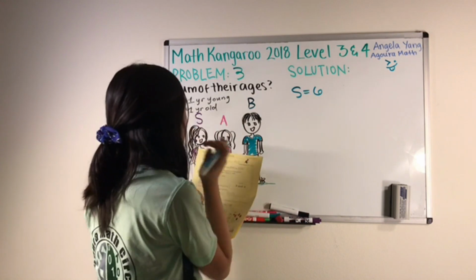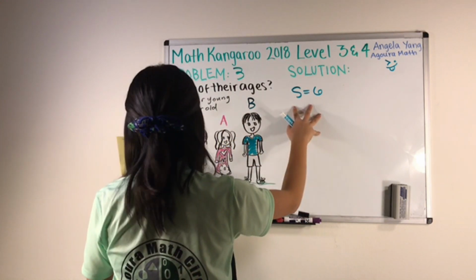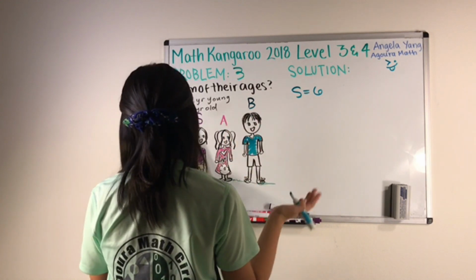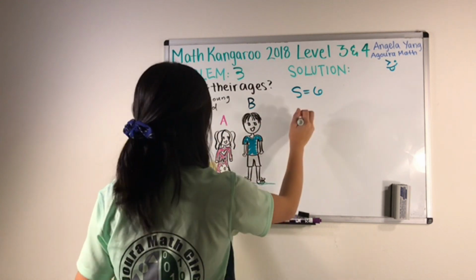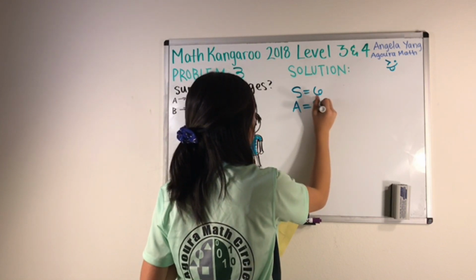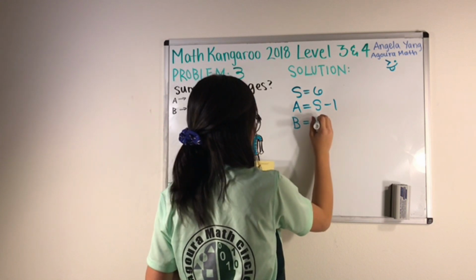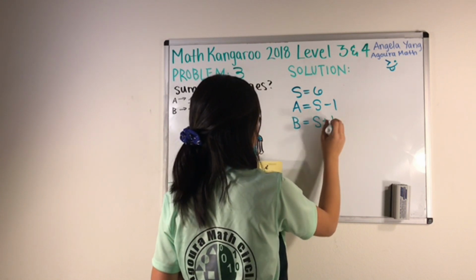And using this, we can calculate that since her sister, let's assume her sister's name is Amy or something, is 1 year younger, then Amy equals Susan minus 1. And if her brother is 1 year older, then he equals Susan plus 1.